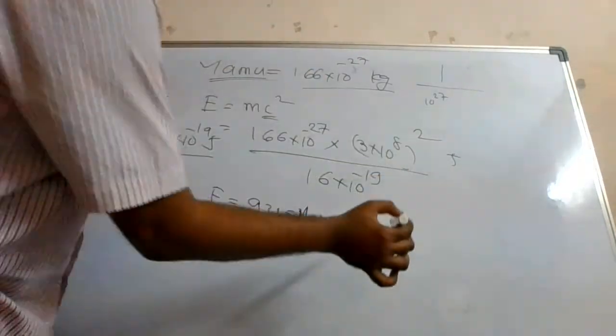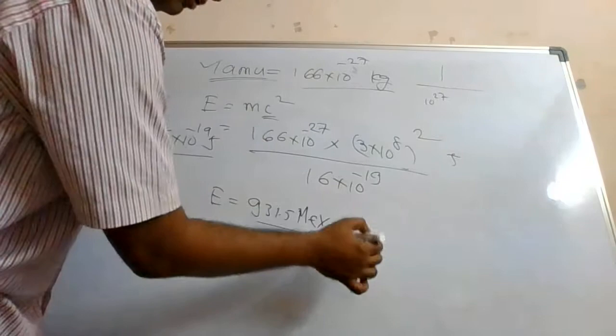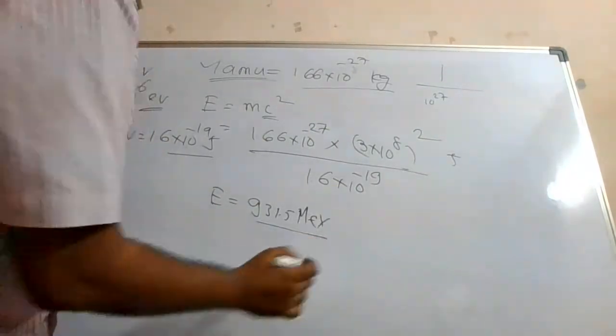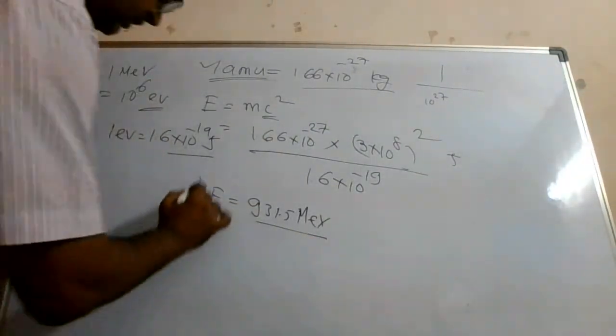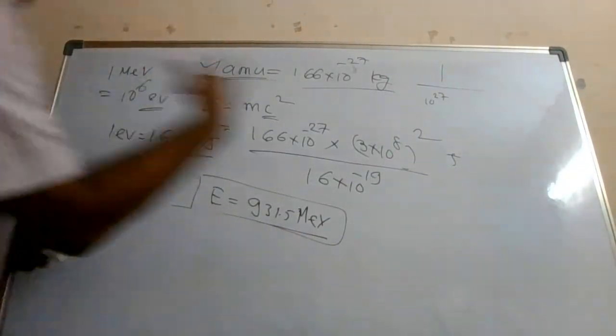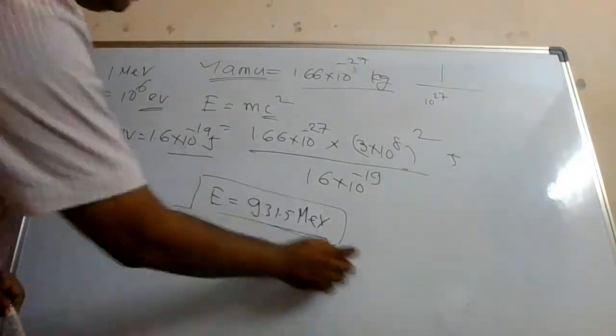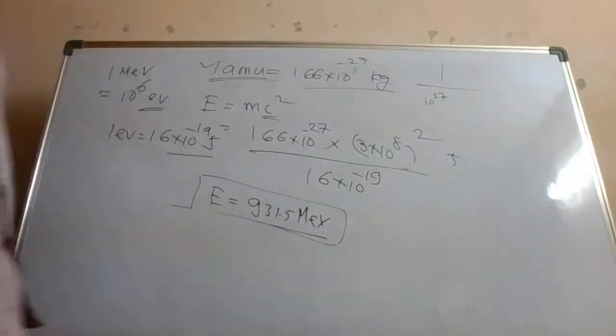1 atomic mass unit, if it is represented by this small dot made by this pen on this board, if this small dot is totally destroyed, it will give this much amount of energy. So if I condense this much energy, I will get this small dot.